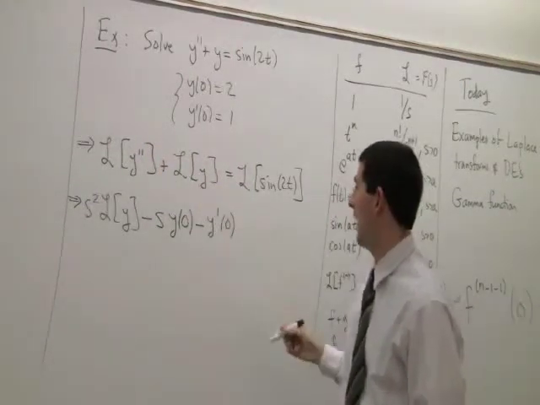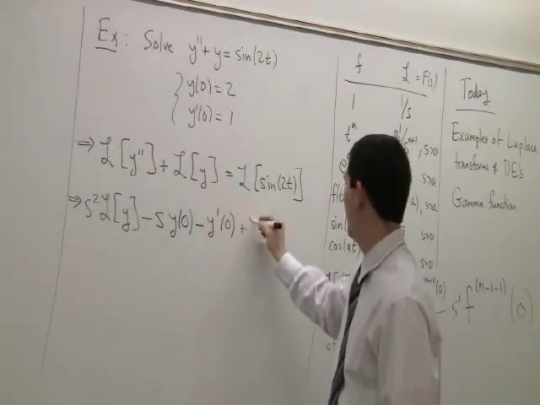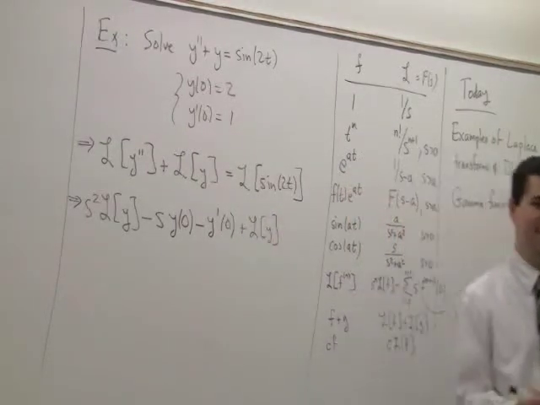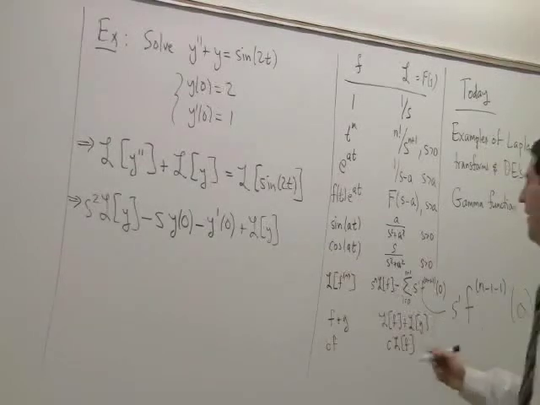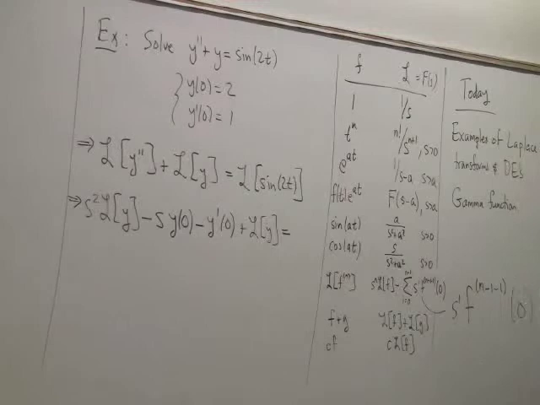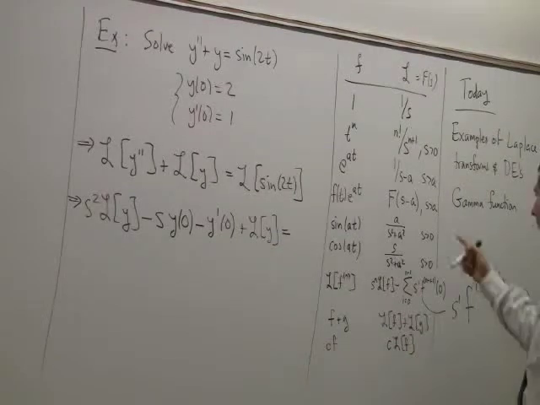Now we need the L of y. Well, that's really easy. It's L of y. And then the last thing we need is sine of 2t's Laplace transform. And that we can read off of the table. That'll just be, okay, A, what's A?